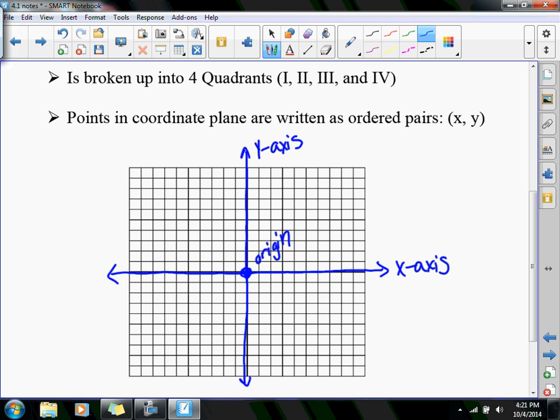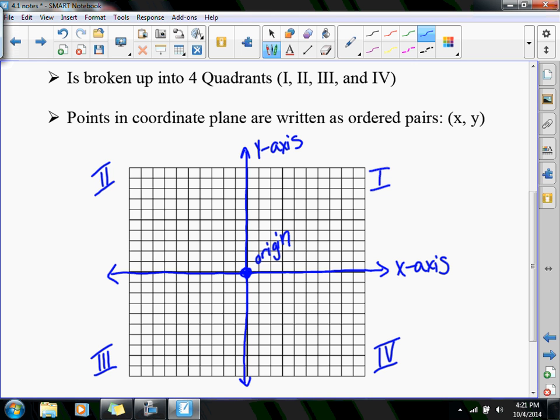And the 4 quadrants go counterclockwise. So the first quadrant is all of the positive values. We'll talk about those in a minute. The second quadrant goes counterclockwise then to the left. The third quadrant goes down to the left. And then the fourth quadrant goes over to the right.